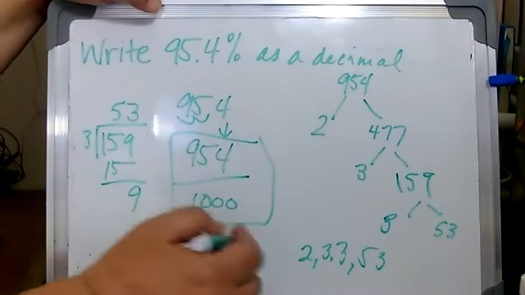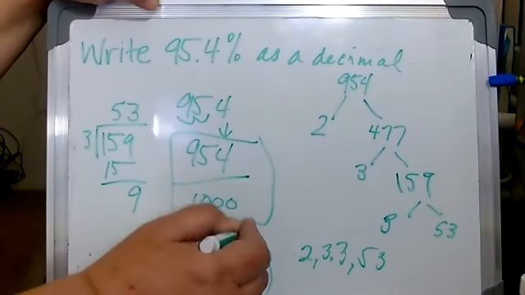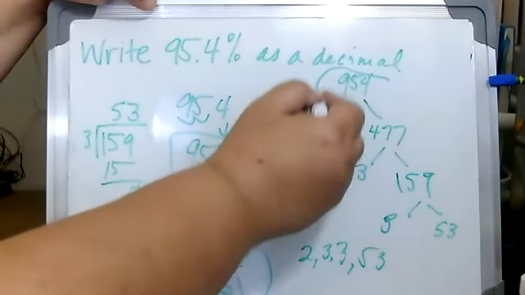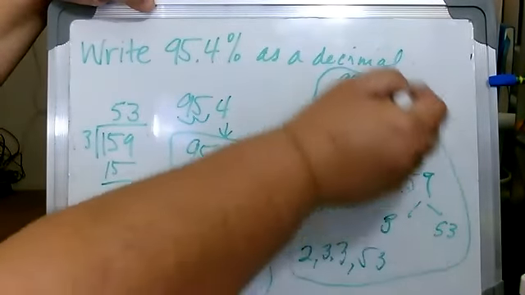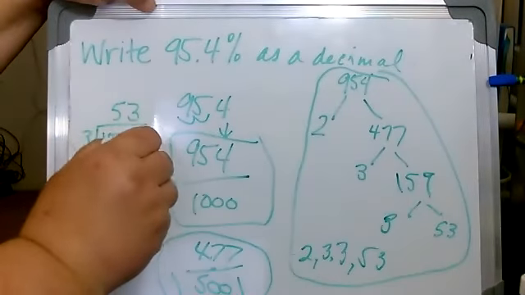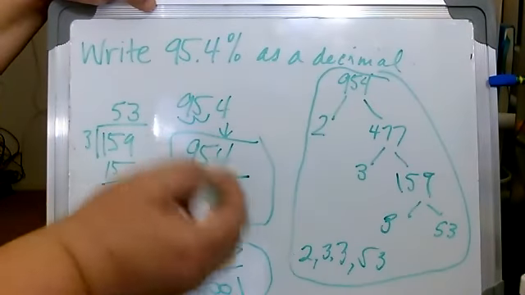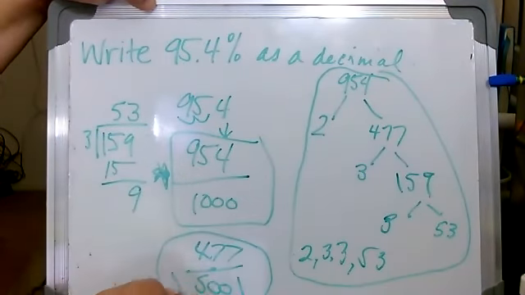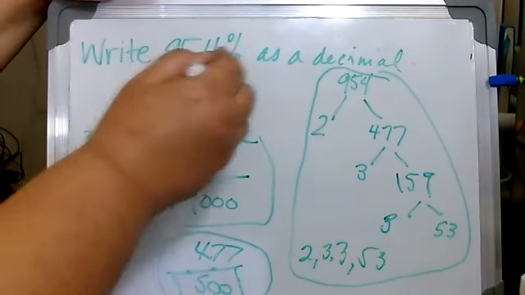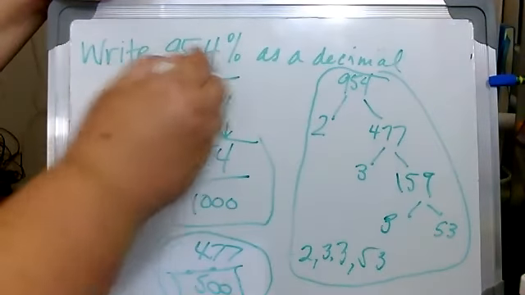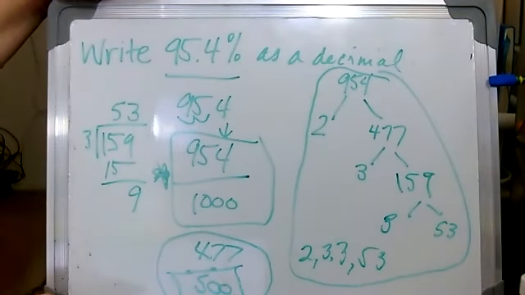I know this isn't making a lot of sense because I'm dead tired right now, but we were able to find out how far we can reduce this, and it reduces down to 477 over 500. And that would be the final answer on whether or not we can make this into a fraction.